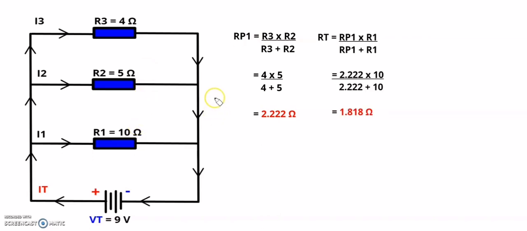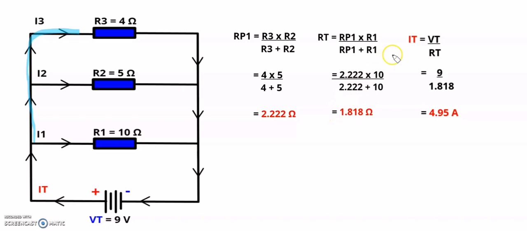R total is equal to R parallel 1 multiplied by R1 over R parallel 1 plus R1, which will give me 2.222 multiplied by 10 over 2.222 plus 10, which will give me a total resistance for the circuit of 1.818 ohms.